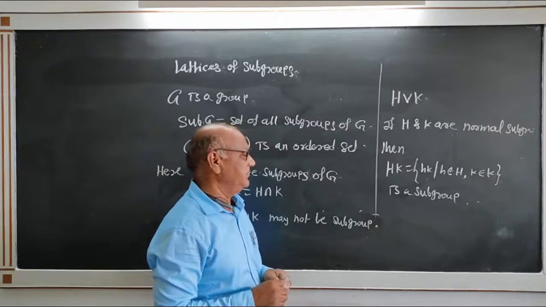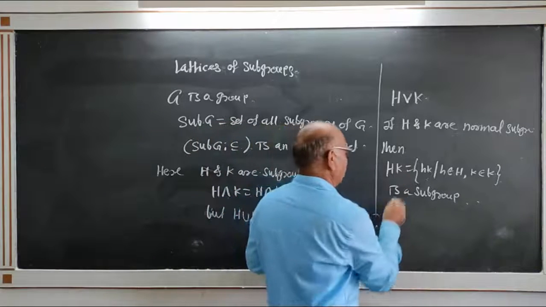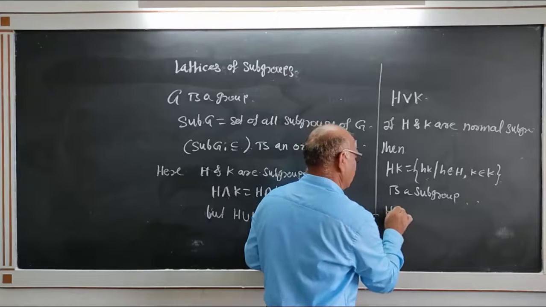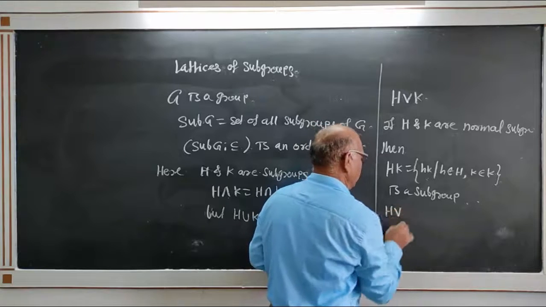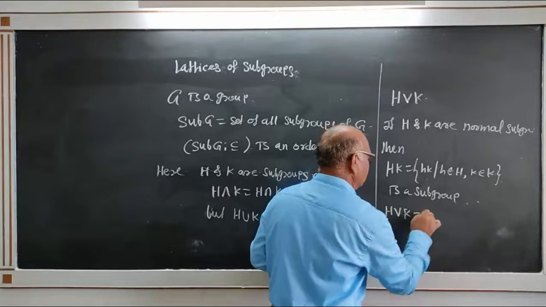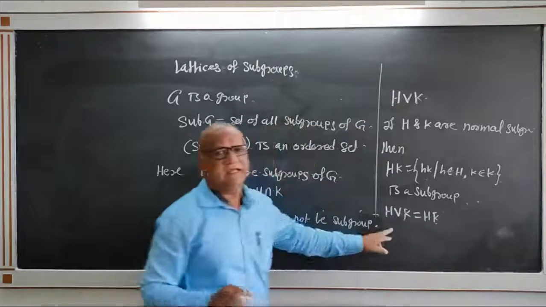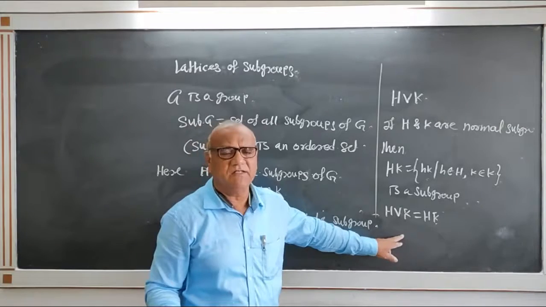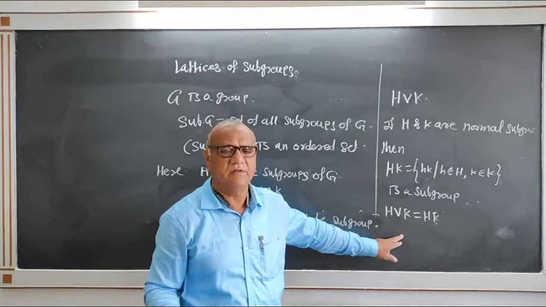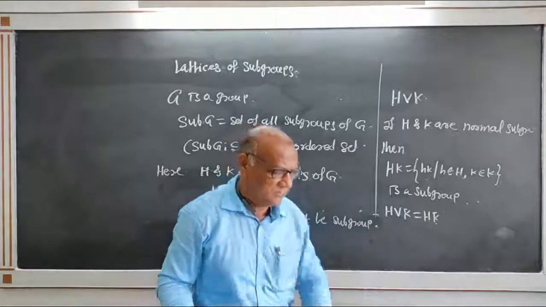Then H join K is equal to HK if H and K are normal subgroups.